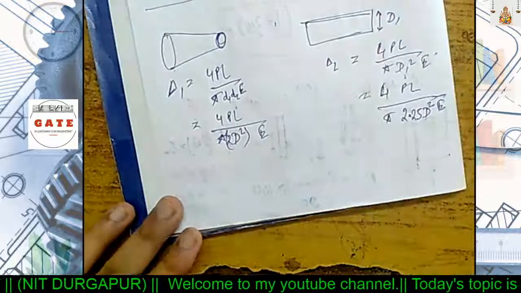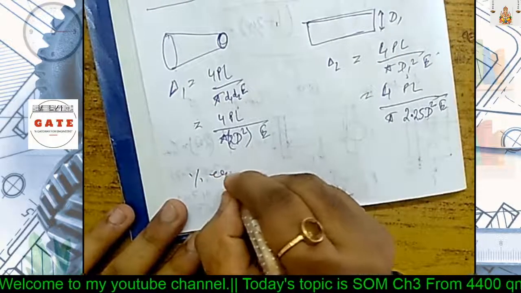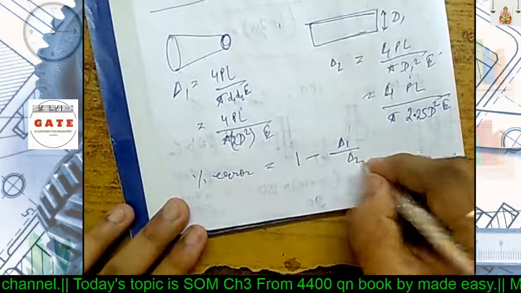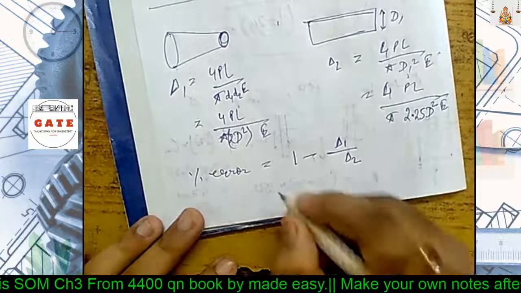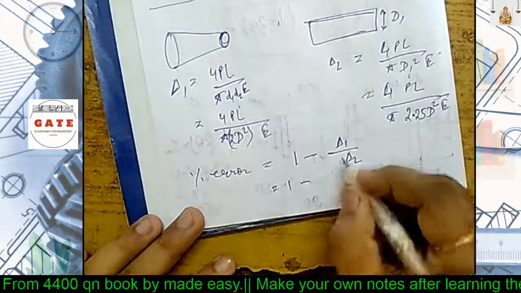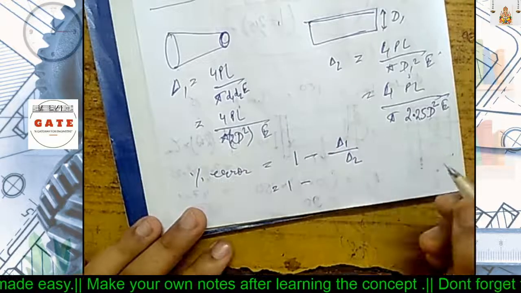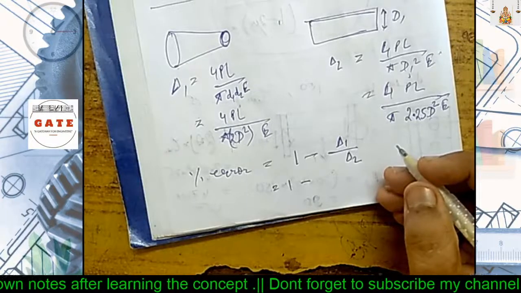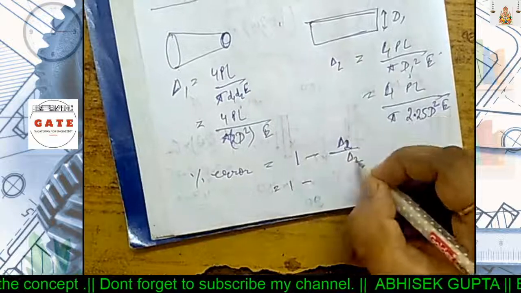So the percentage error is given as 1 minus initial divided by final, initial delta 1, final delta 2. Okay, so 1 minus delta 1 by delta 2, sorry, final minus initial is the percentage error.